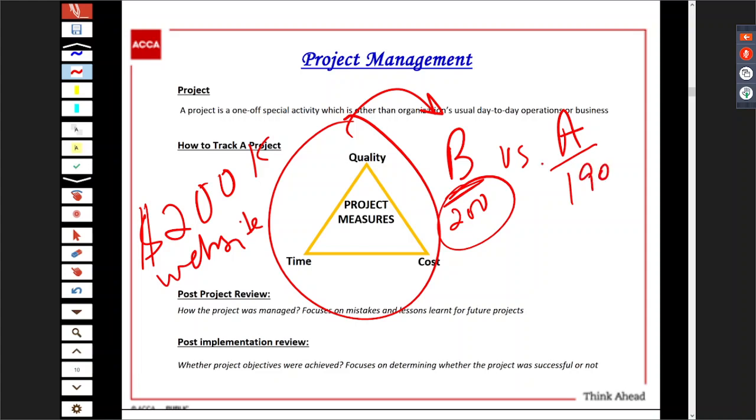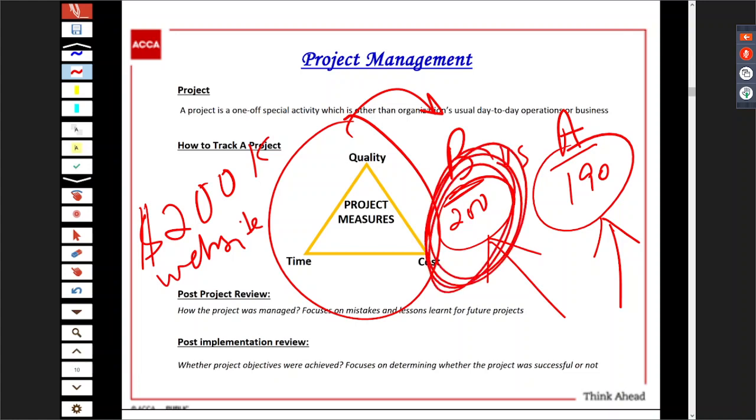But what was the objective of the project? Why did we spend this $200,000 or $190,000? Why did we spend that in the first place? There must be some project objective, otherwise I wouldn't have spent the company's scarce resources. So that objective is actually more important.